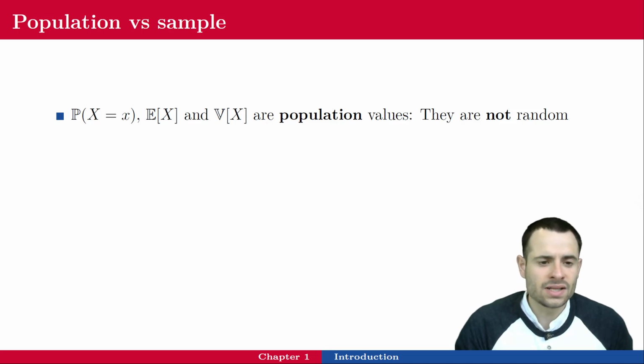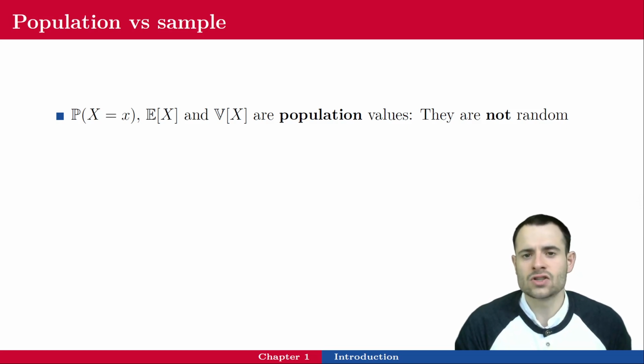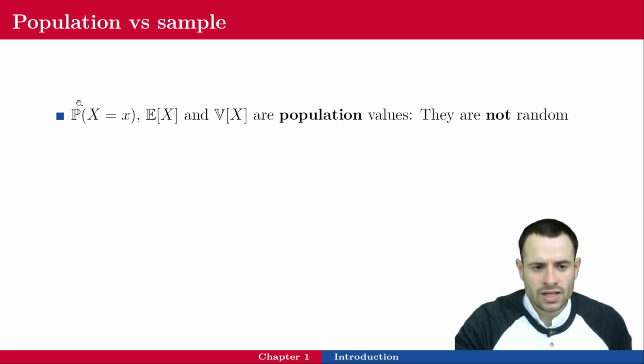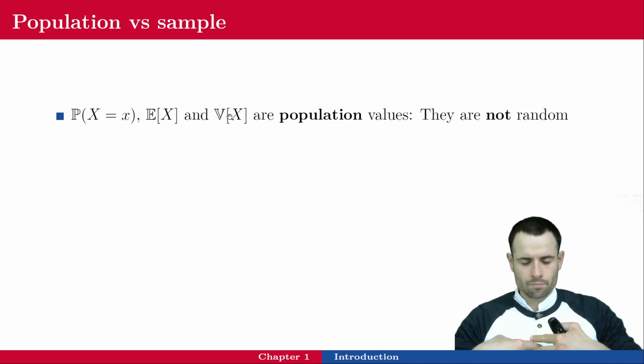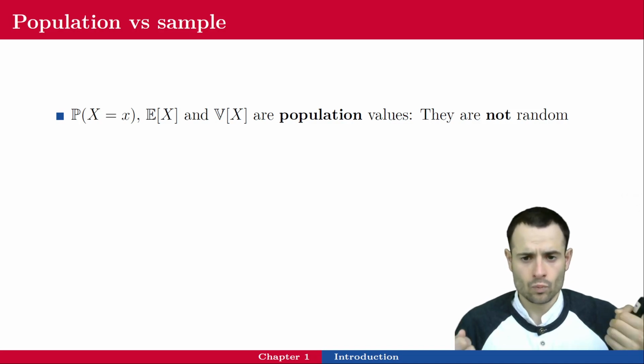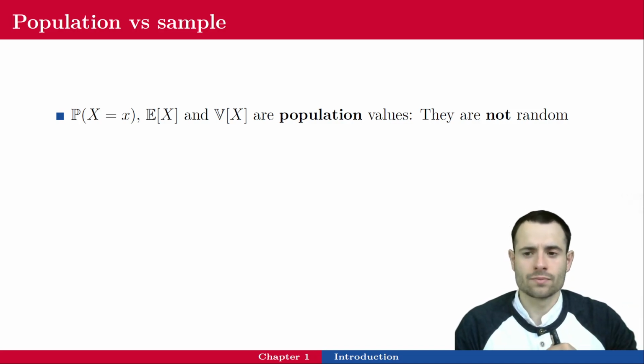The probability that X is equal to 2 is not random. It's always equal to 50% or whatever number. So note that every time you see the overall notation with the double bar, you're looking at real distribution values. Population values can also be called population distribution values.